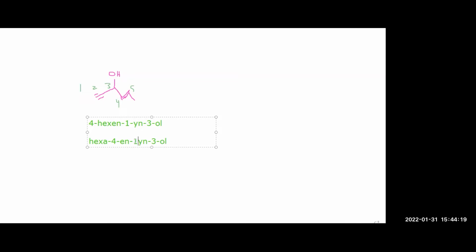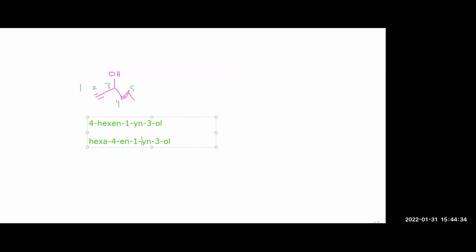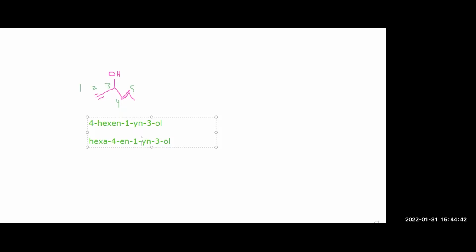Yes, the book has preference for the top, but both of these are accepted. And the book actually makes reference to the fact that you could put the numbers in both. Okay, so we can use either or. Yeah. But be familiar with either or. Gotcha. Does that make sense? Yeah.